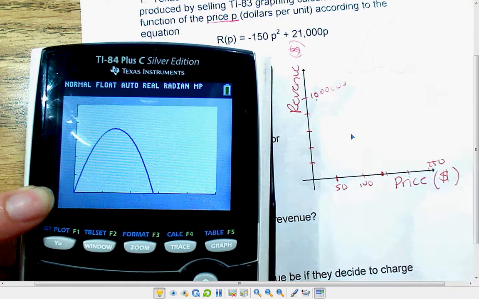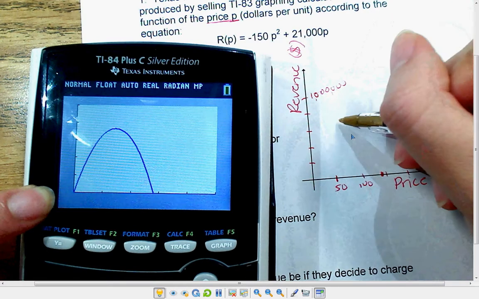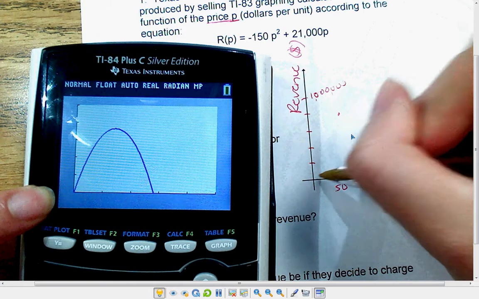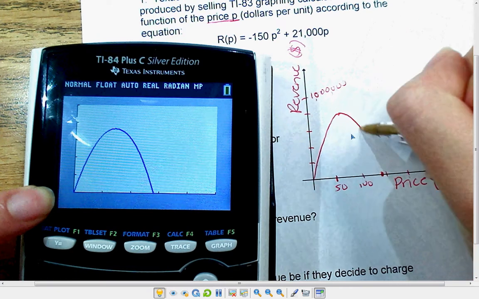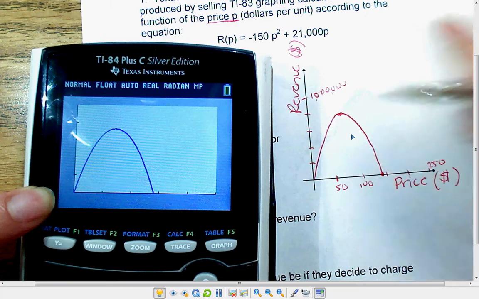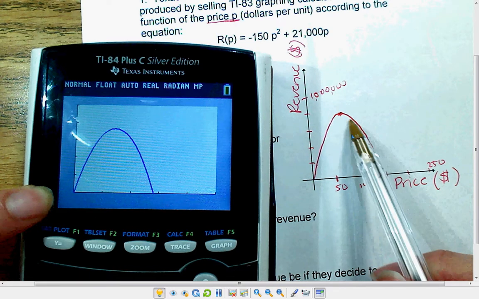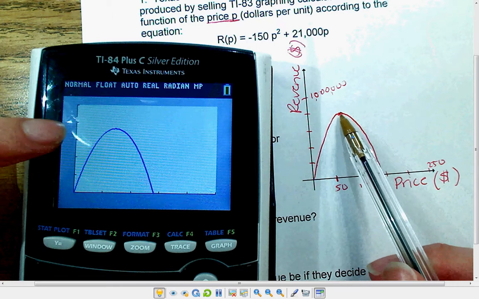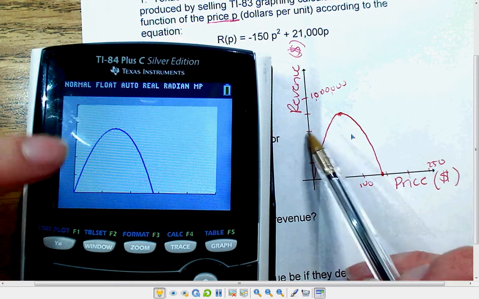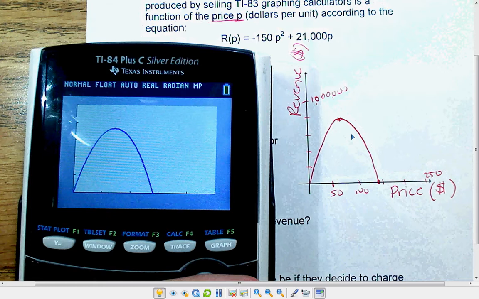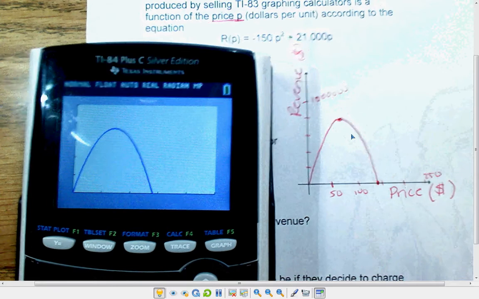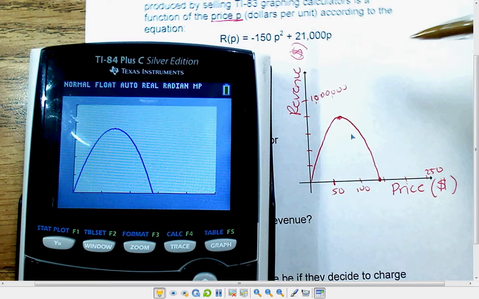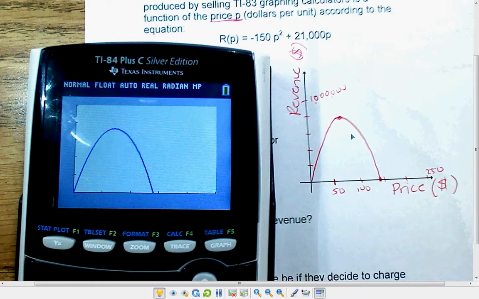This is a million. Alright, and then my maximum point is here somewhere in between. It's almost at the 8, but somewhere between the 6 and the 8. So now I have a very accurate drawing of this function by using my window.